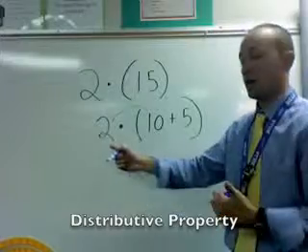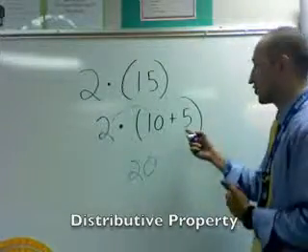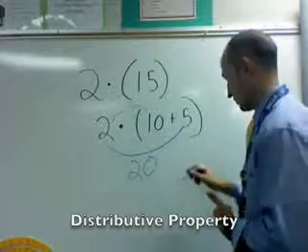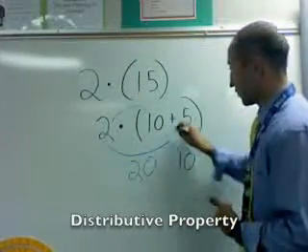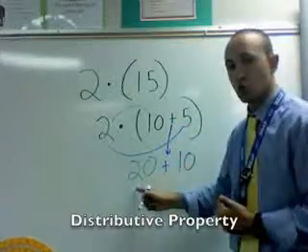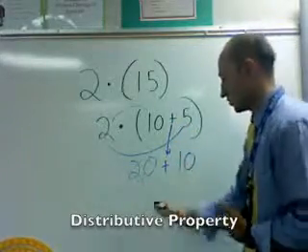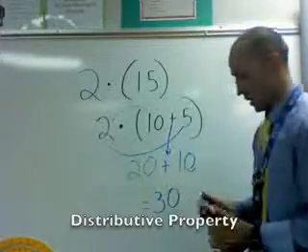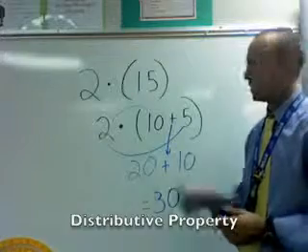20. Now I want to take my 2 and distribute it out to the other number. 2 times 5 is 10. We had addition in the middle, so I'm going to bring that down. 20 plus 10 is going to give me an answer of 30. Now if I wanted to, I can go back and check my work.